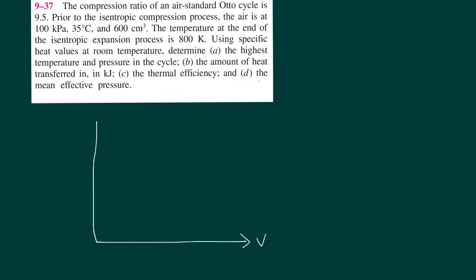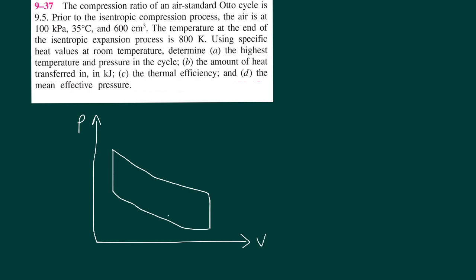This is your volume and this is your pressure. And for the Otto cycle, you recall back in the video, we have a bottom dead center and there's another one, your top dead center. And you connect this one and also this point here.